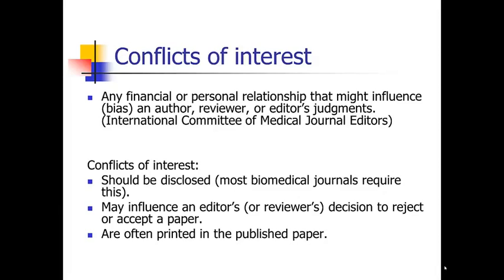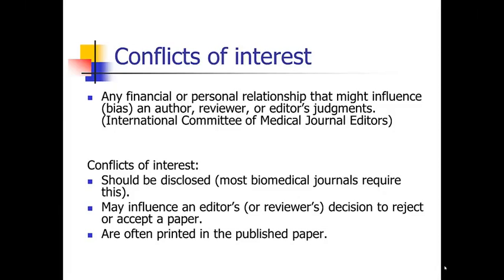A lot of the journals will actually print for each author what their reported conflicts of interest were, even if they're none. So you'll see that in a lot of published papers, those things are made available to the reader, as probably they should be, because they may help the reader to make a judgment on the paper. Conflicts of interest, it's a hard topic because it's unclear exactly what is going to actually bias someone.